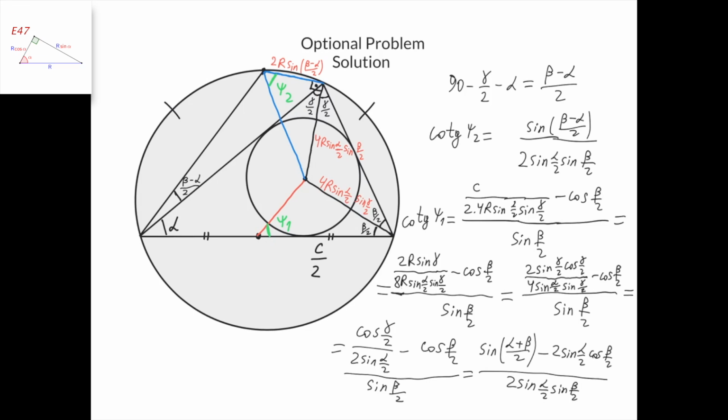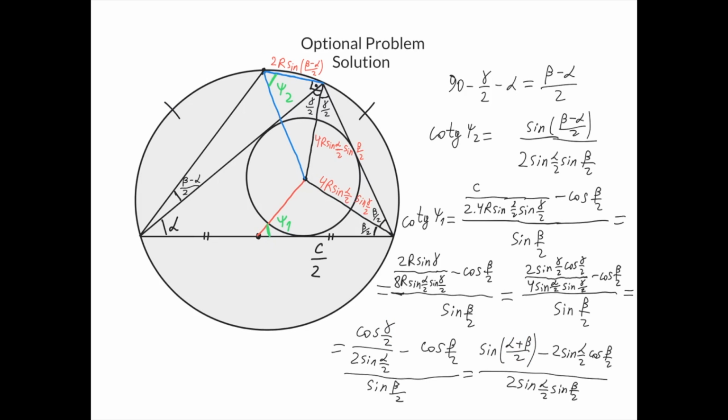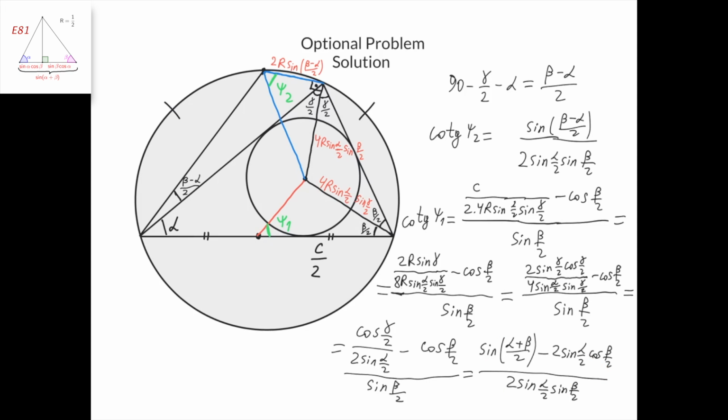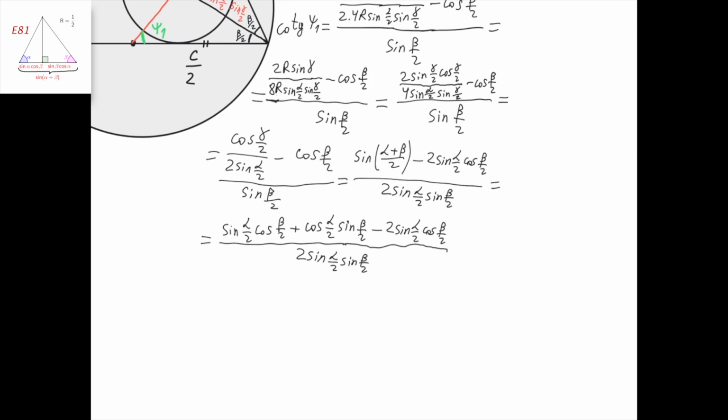And now we can substitute cosine of gamma over 2 with sine of alpha plus beta over 2, because we know that gamma over 2 plus alpha over 2 plus beta over 2 equals 90 degrees, and we can rewrite the expression like that. And now we can apply the formula for sine of alpha over 2 plus beta over 2, and then we get that sine of alpha over 2 plus beta over 2 equals sine of alpha over 2 cosine beta over 2 plus cosine alpha over 2 sine of beta over 2.